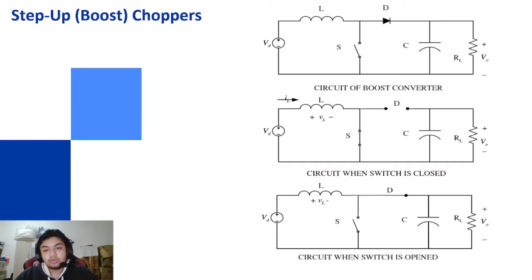Okay, so the first one is the circuit of the boost converter. The second one is the circuit when the switch is closed. And the last one is the circuit when the switch is open.